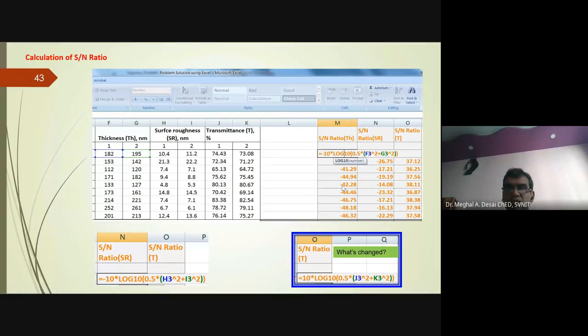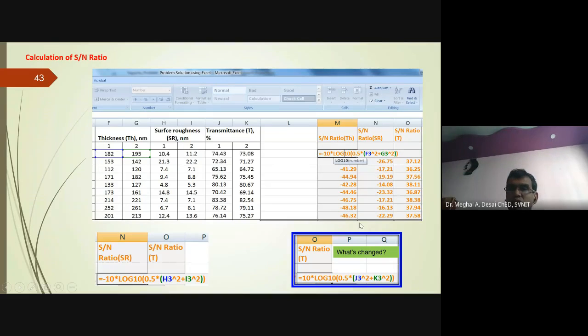If it is transmittance, then you can see that same equation I have not changed. What I have done is instead of negative sign, I have kept positive sign. Basically, in transmittance, since it is of maximization, it should be minus 10, same term in this 1 divided by j3 to the power 2 plus 1 divided by k3 to the power 2. It should be there, but by removing the negative sign, I was able to utilize the same equation. Okay, that you can verify also.